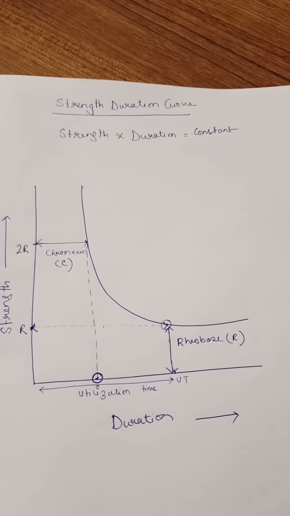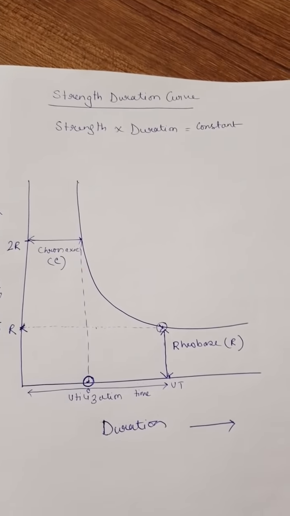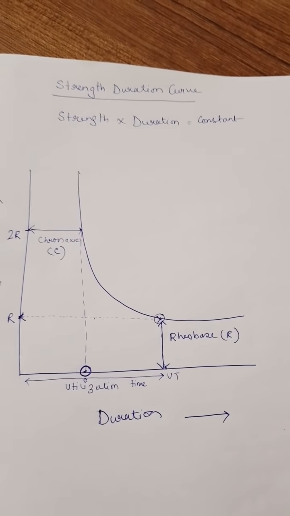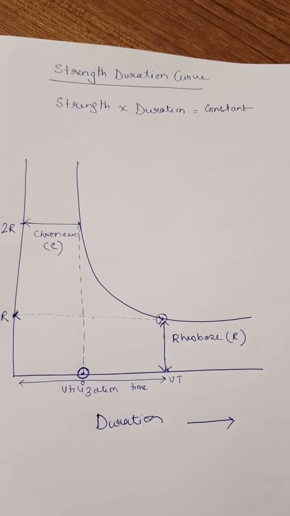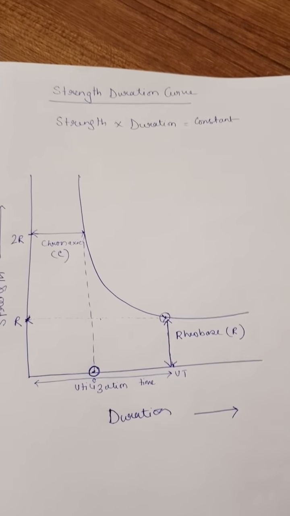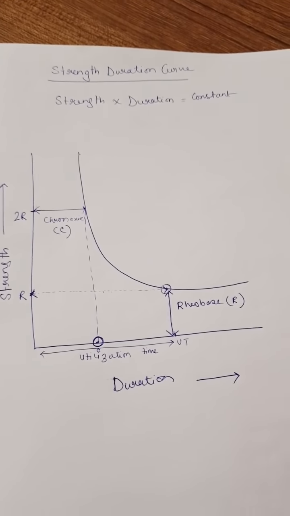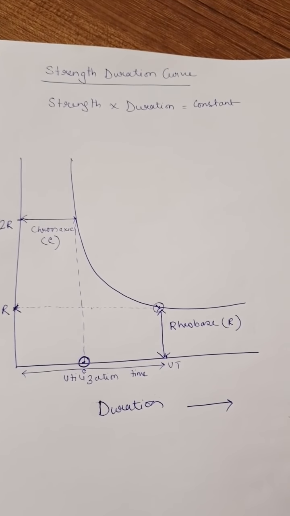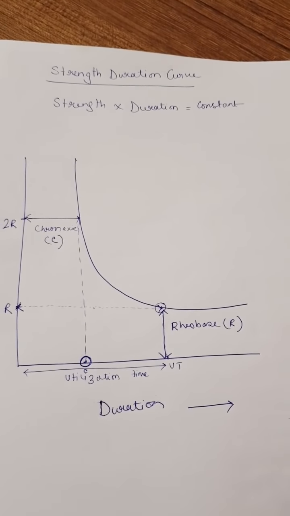From this curve, we get that a minimum strength of current is required for stimulation. Below this, no stimulation will occur no matter how long the duration. And a minimum time must elapse before stimulation can occur no matter how strong the current.